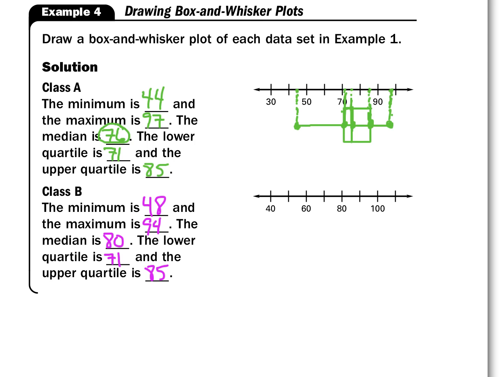Let's do the same thing for class B. The minimum was 48. Maximum was 94. Connect our maximum and minimum. Median was 80.